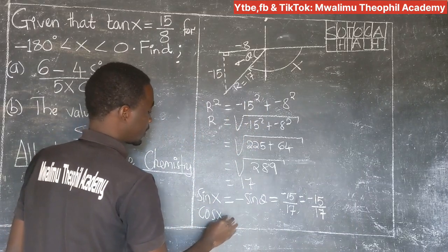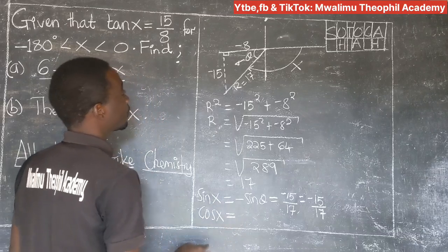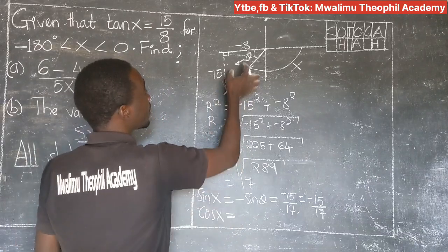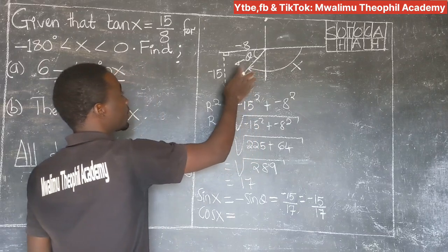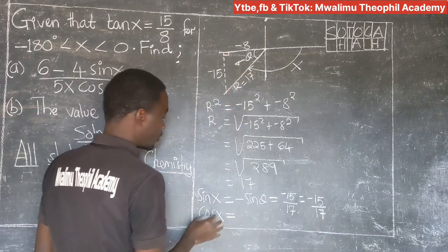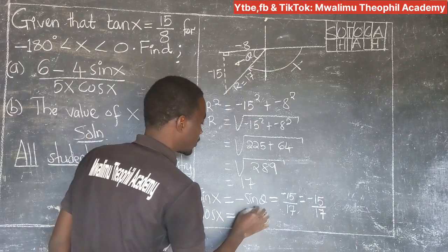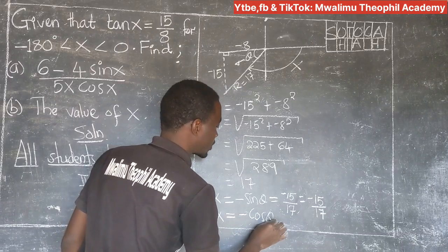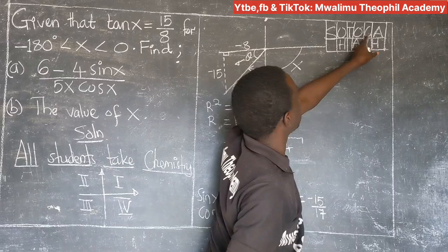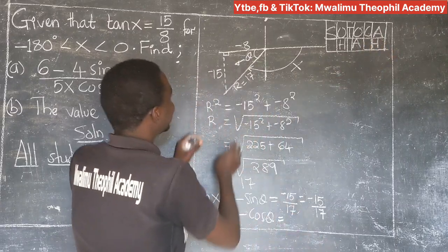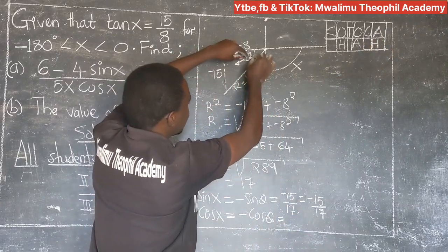Cos x, as it is in the third quadrant, we have said that only tangent is positive, so even cosine is negative. Now, cos x will be equal to negative cos of angle theta, and cosine is adjacent over hypotenuse.